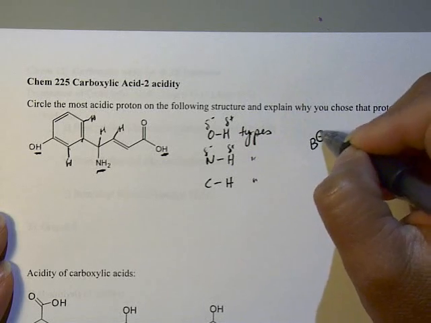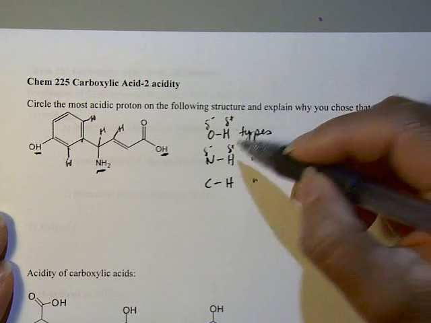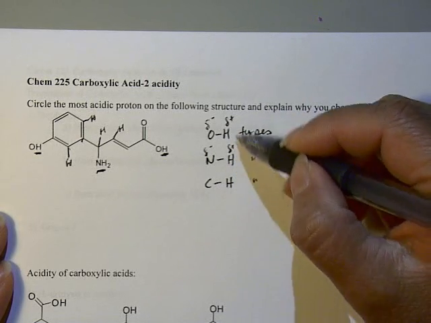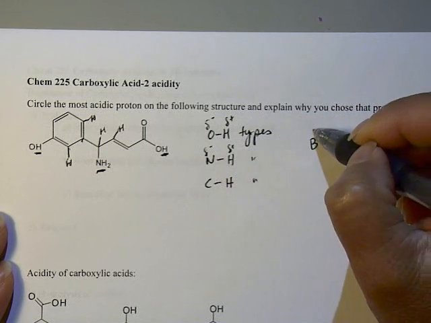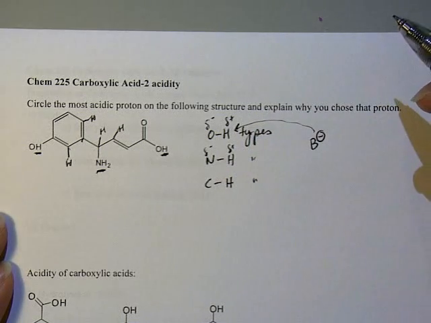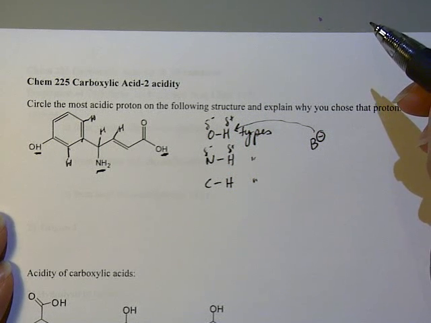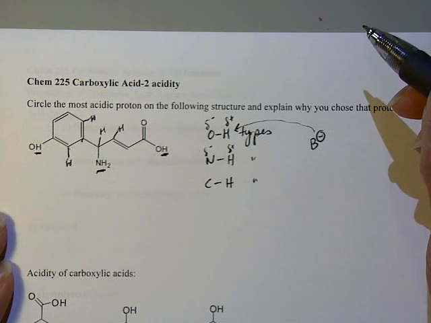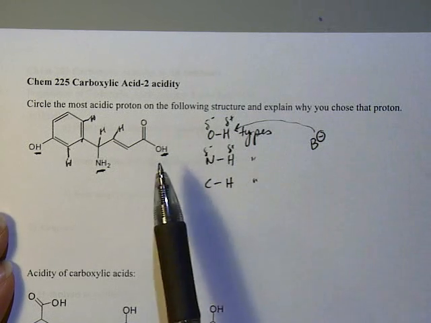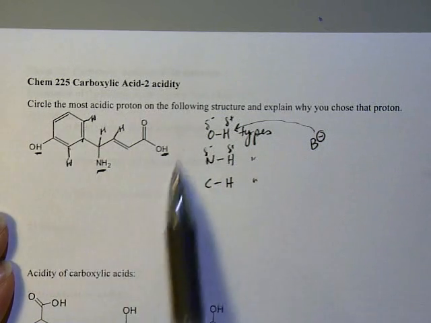So a base coming in to grab it, and it has a choice of these two or three protons, is most likely going to get the hydrogen off of oxygen rather than nitrogen or a carbon. All right. So we initially answered that question: which of the following is the most acidic?